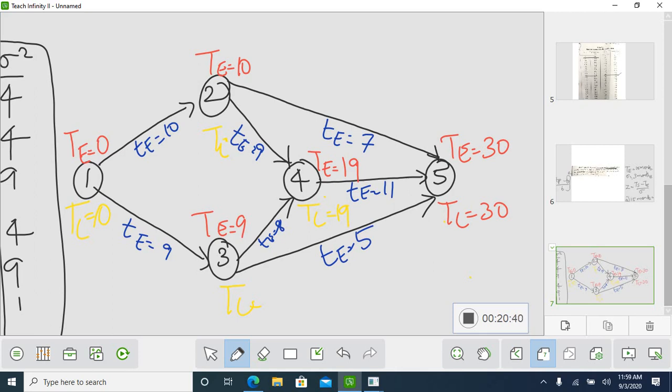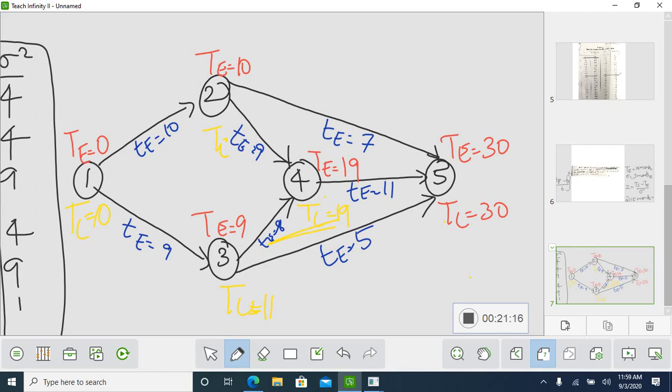So you have 30 minus 10, this is one path, the other path is 4 to 2. For 3, you have two activities connecting to 3. So 19 minus 8 you will take, or 30 minus 5. Then you will take the minimum value. 30 minus 5 is 25, and 19 minus 8 is 11. So obviously we will take the lowest value.